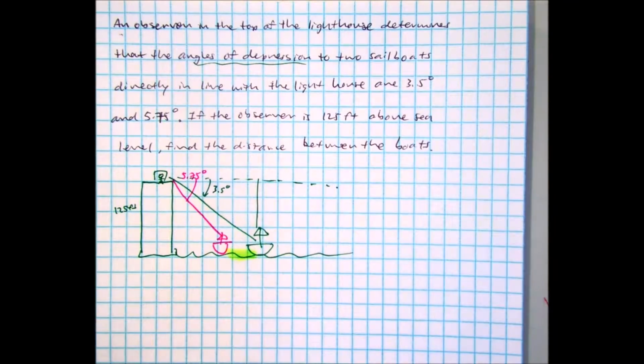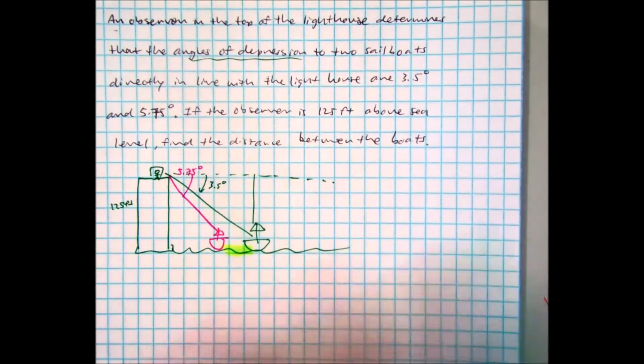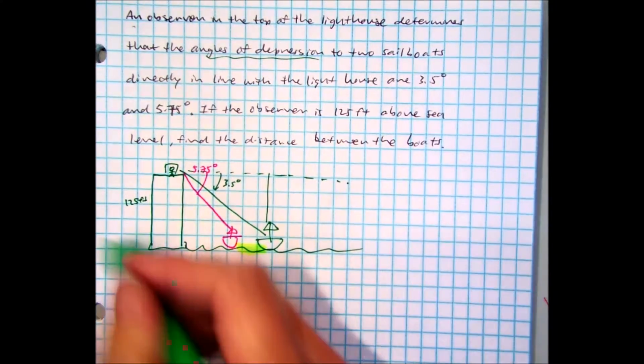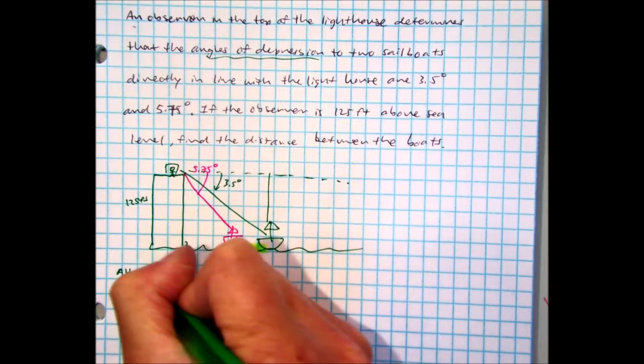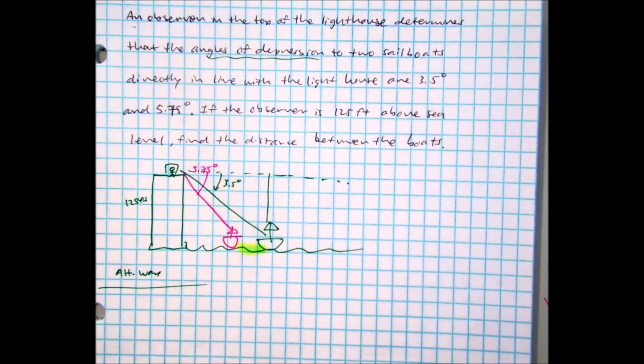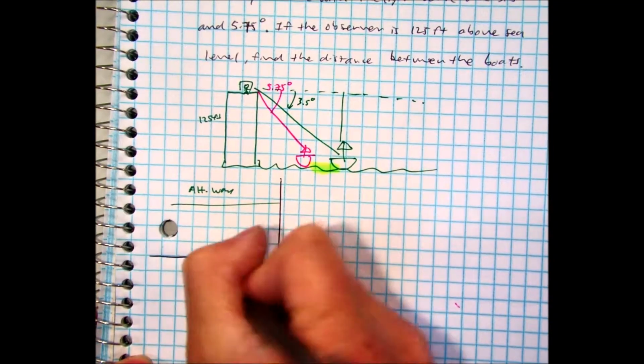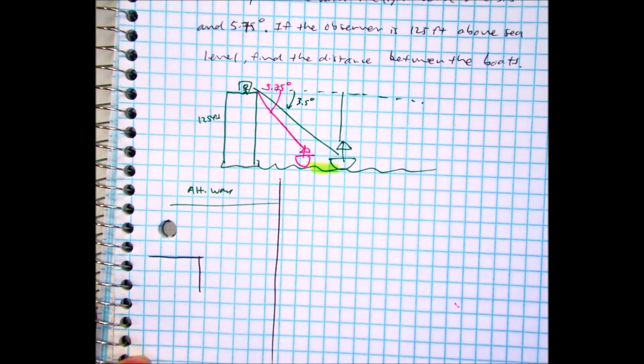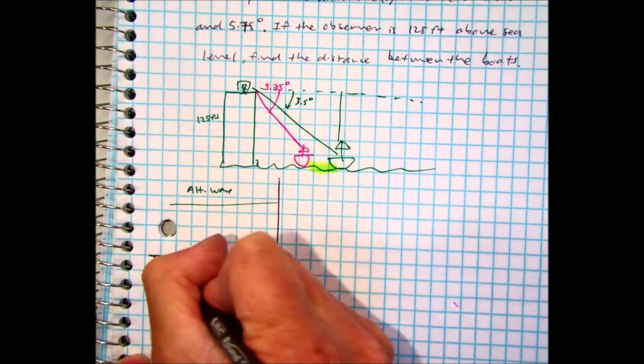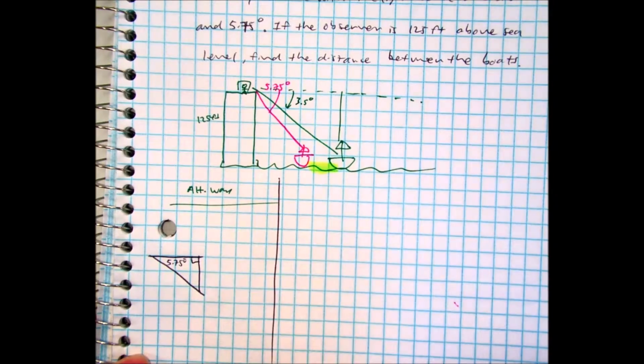Alright, a couple ways to do this problem. I'm going to show you guys one way, and then I'll show you the way that I was solving them yesterday. So here's an alternative way. When I separate my triangles, one of my triangles is going to be 5.75 degrees, right angle.